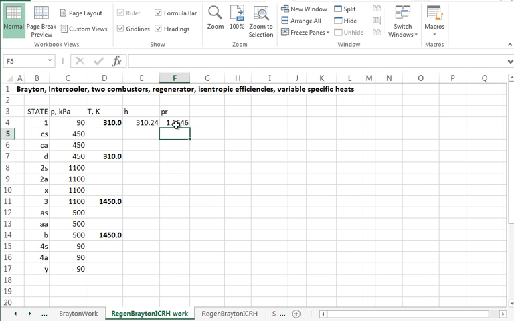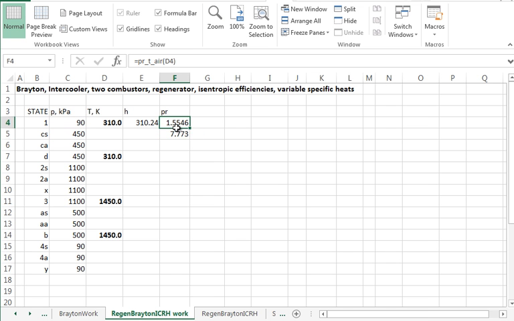Now at this point, I'm going to do isentropic compression, so the ratio of P sub R's is equal to the ratio of the physical P's. So P sub R2 is equal to P sub R1 times the ratio of the physical pressures. And there's P sub R2.